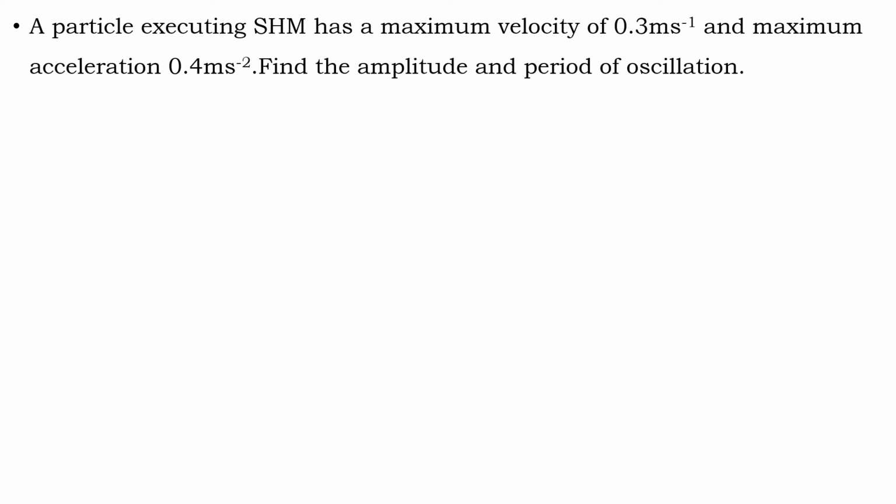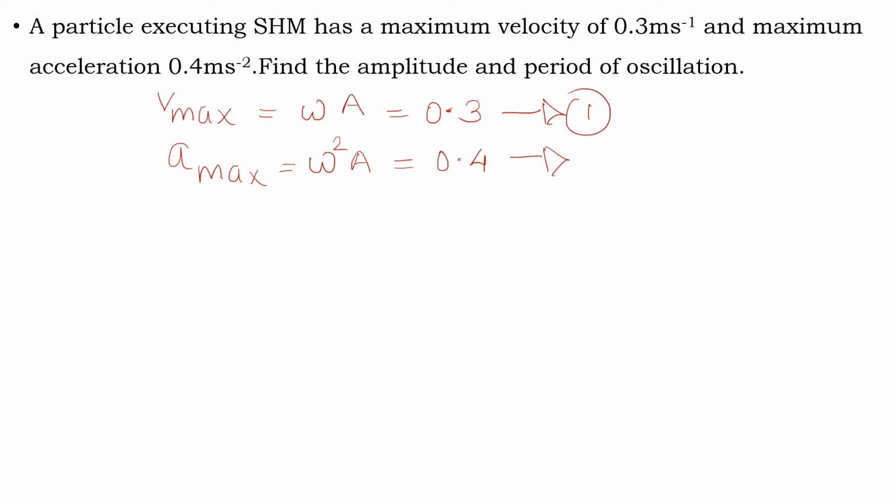We have already studied the expression for the maximum velocity, v max equal to omega into A, and it is given as 0.3 meter per second, and the maximum acceleration a max equal to omega square A, and it is given as 0.4 meter per second square. Here we have to find the period of oscillation and the amplitude. For that, consider these two equations.